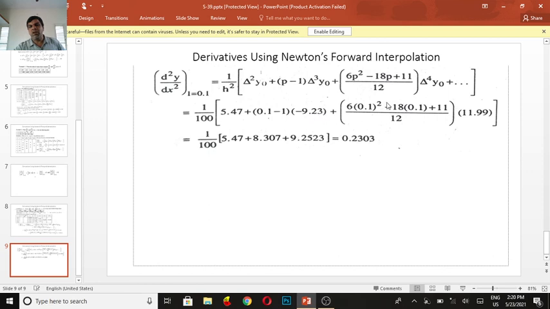Substituting all the tabulated values in the formula, we get d square y by dx square as 0.2303. This is the way you find dy by dx and d square y by dx square using Newton forward interpolation with tabulated values.